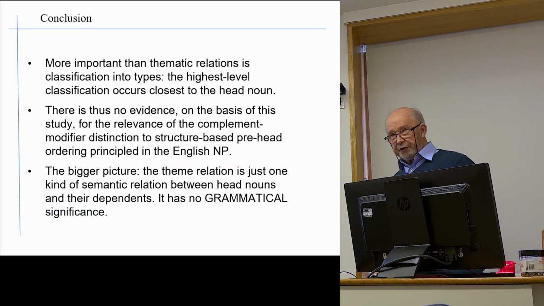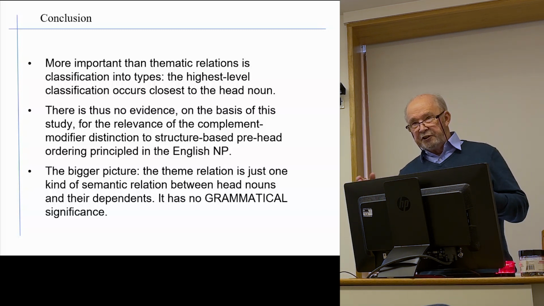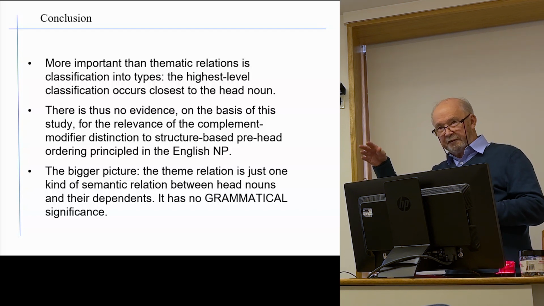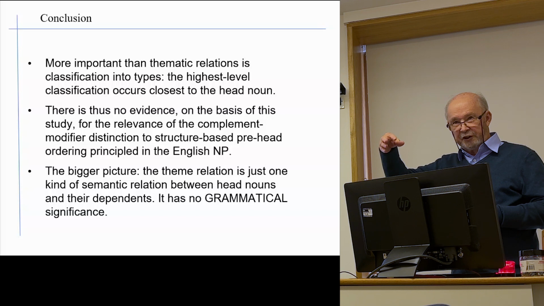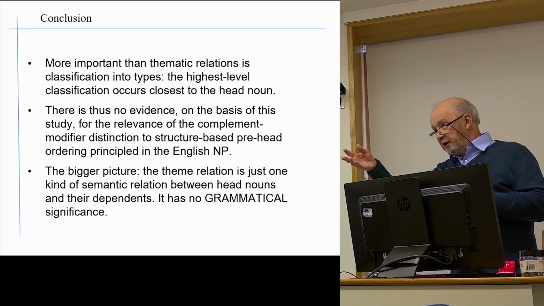So, what's going on here? I think more important than trying to establish thematic relations between a head noun and its various kinds of supposed complements is classification into types. The highest level classification, things like undergraduate, research student, occurs closest to the head noun.